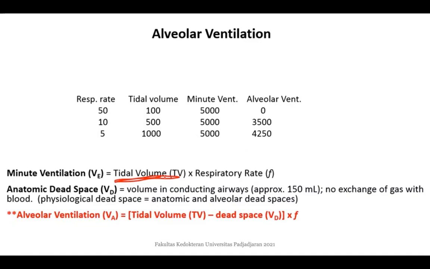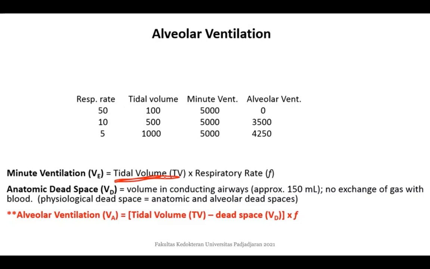If we do that for scenario 1, where someone's respiratory rate is 50, very, very fast, something like panting and hyperventilating, then each breath is only bringing in 100 milliliters. It's basically like they're panting.